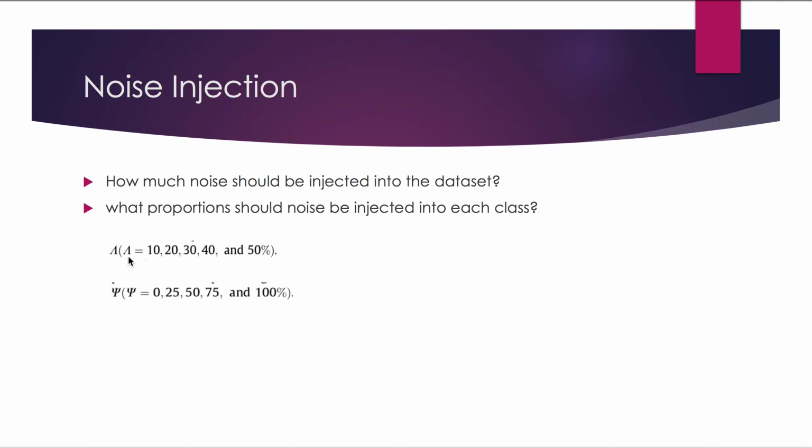The parameter lambda denotes the level of class noise in the dataset, and it will be at 5 different levels: 10%, 20%, 30%, 40%, and 50%.